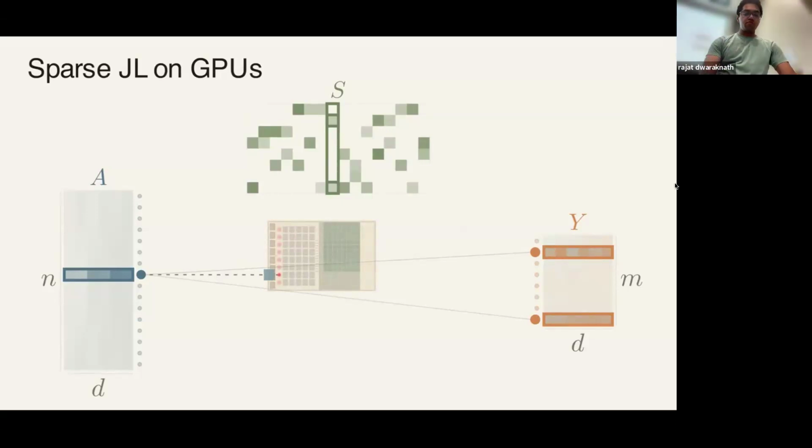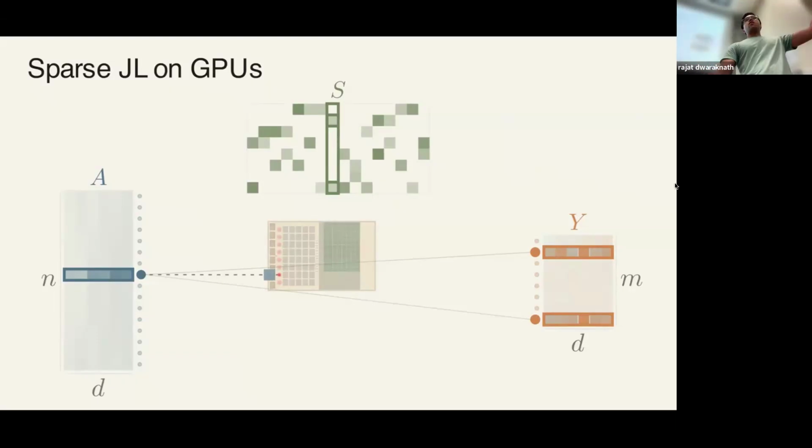It's going to load the entry of A, load the entry of S and Y, do the math, and accumulate back. Once it does that, it can move on to the next contribution. This is nice because even though this is sequential, S is pretty small, so it's not a lot of sequential work.